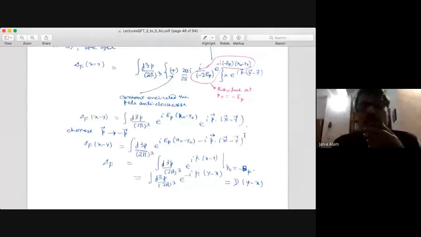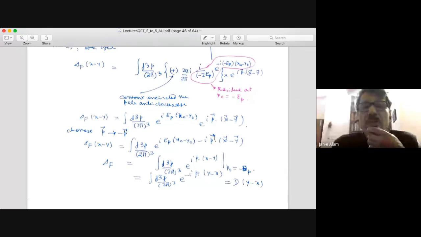This is the spatial component of the 4-vector product, and this is the temporal component. I again combine them to make a 4-vector product, e to the i p dot (x minus y), where p0 is evaluated at p0 equal to minus Ep.